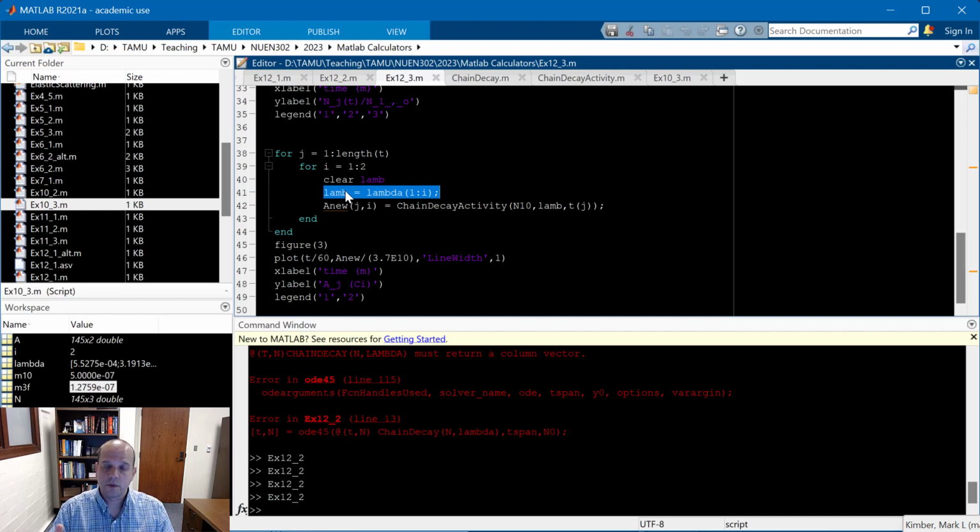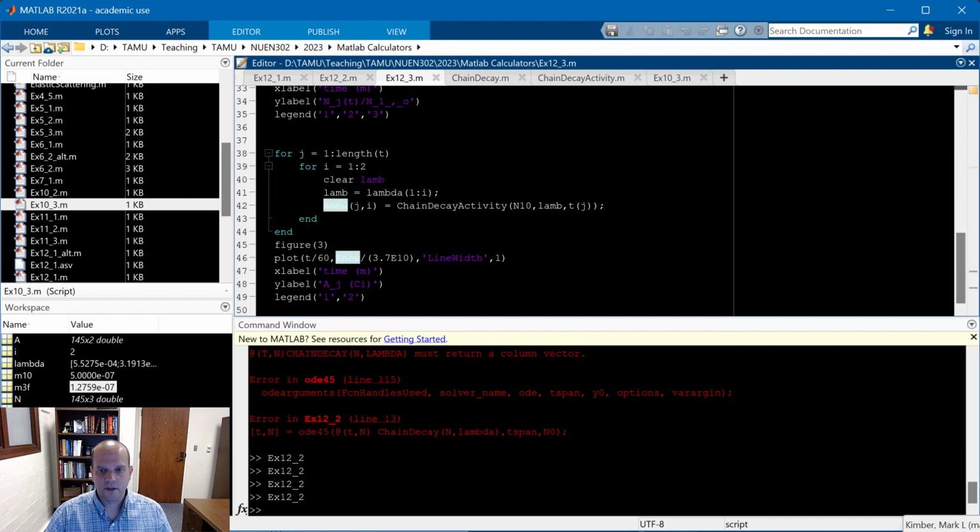And so if i equals 1, I'm looking at that first decay, and I only want to use that first lambda. As you recall from the notes, that C1 only had lambda 1. And then I call this function here and then get my activity.